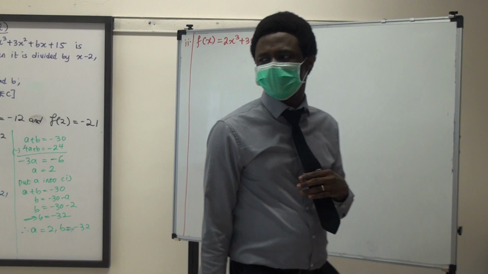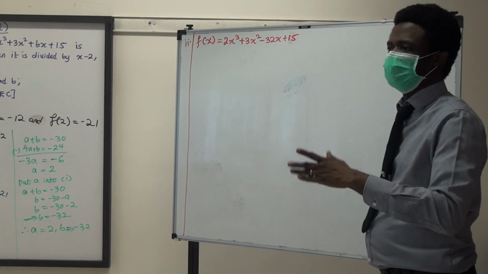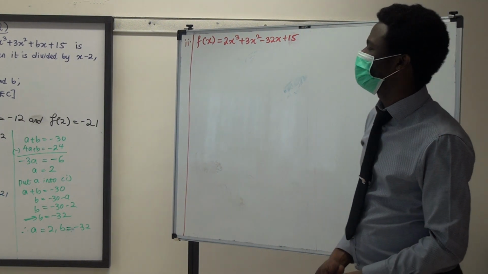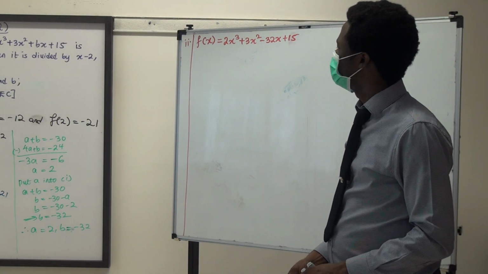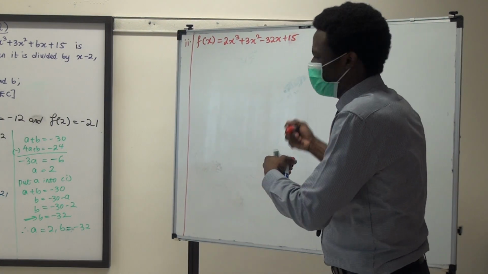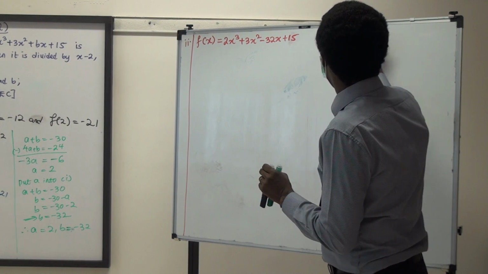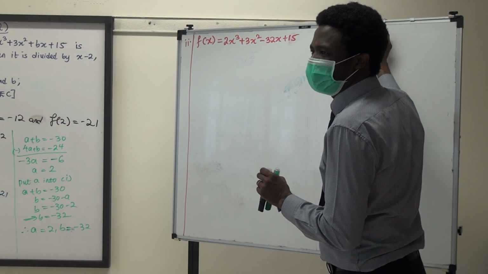I will go with the integers first, like 1, minus 1, 2, minus 2. Try to figure out which one gives you 0. Because of the 2x, it's likely that one of the factors has 2x, so maybe it's 2x minus 1, 2x plus 1.